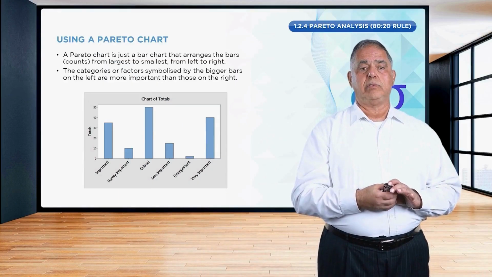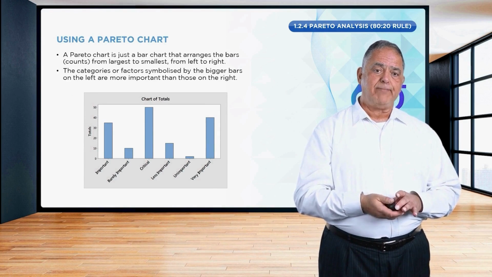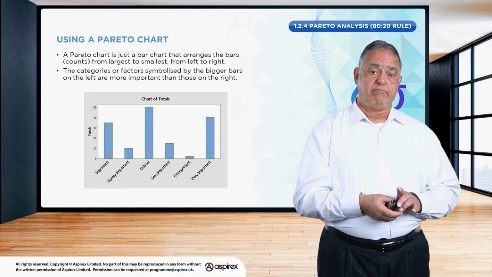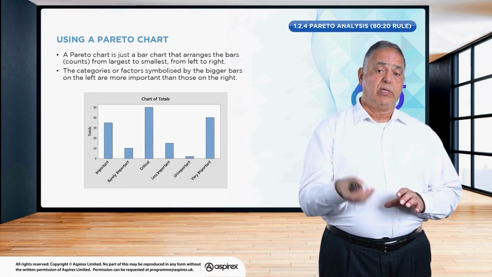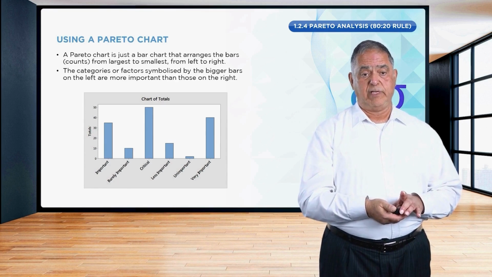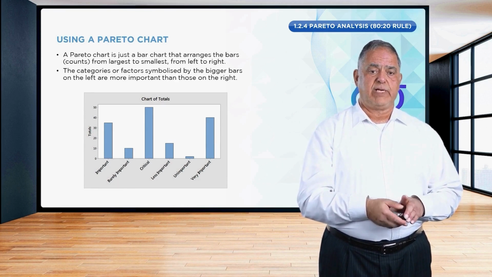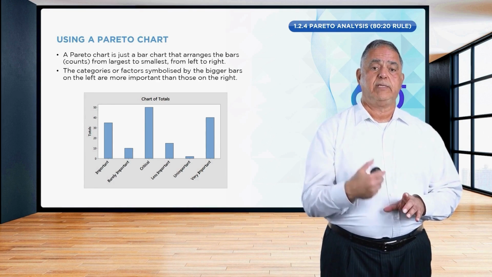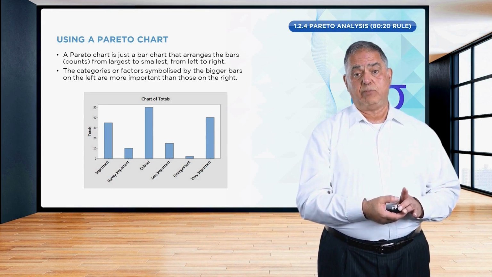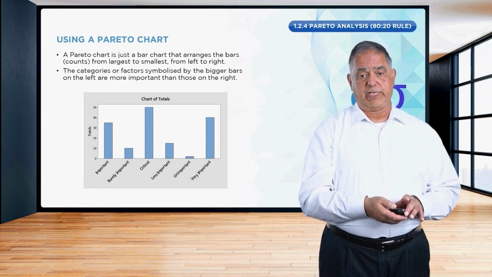So let's talk about using a Pareto chart. It is a bar chart that arranges the bars, counts, or frequency of occurrence from largest to smallest, from left to right. The categories or factors symbolized by the bigger bars on the left are more important than the ones towards the right.